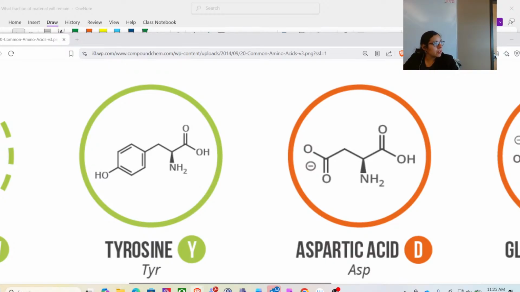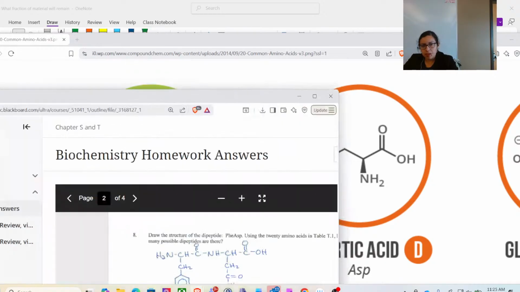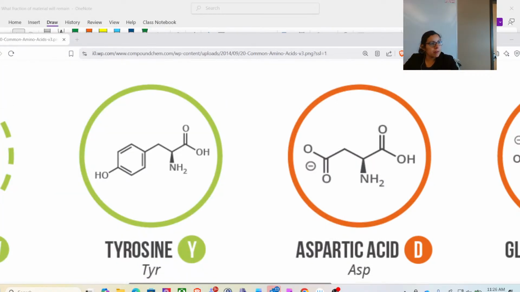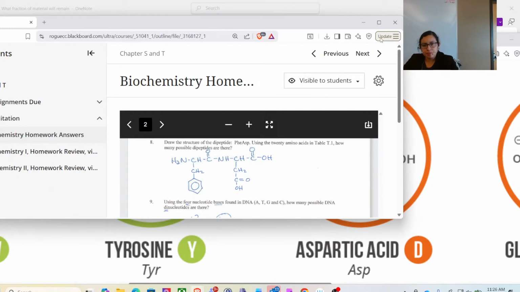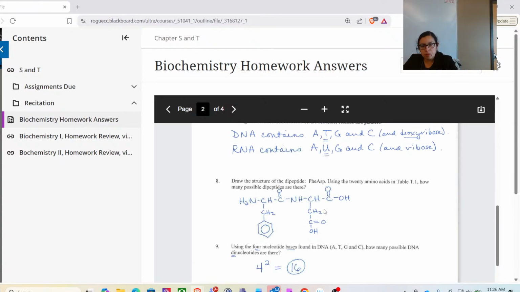If you look at some of the biochem homework answers, and I believe this is the one in question, where they're drawing out this group and they have the OH drawn there, like I said, it doesn't matter. If you left it off and left it as a negative charge, it's the same thing.